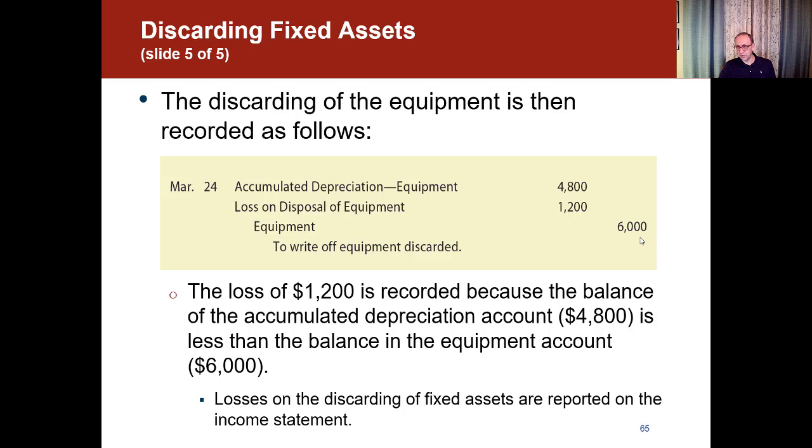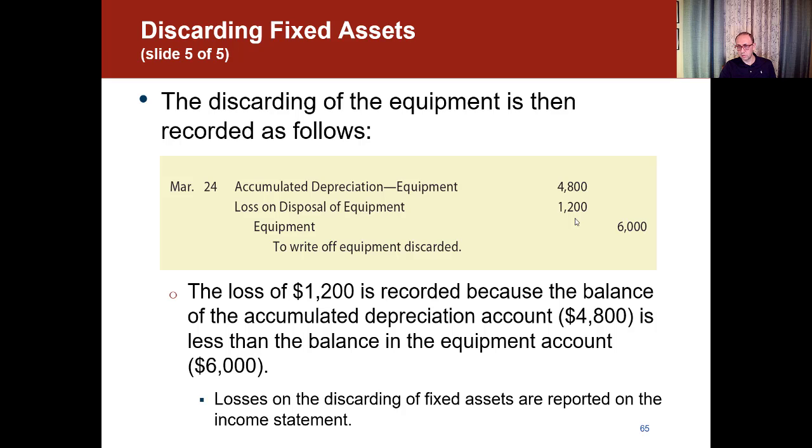So the book value would be recorded as a loss. The plug-in value here, which is $1,200, the difference between the $6,000 and the total accumulated depreciation, we're going to debit, and we call that loss on disposal of the equipment. The plug-in value is on a debit, and of course that's expected because we didn't receive any cash or anything like that, so it's going to be a loss.